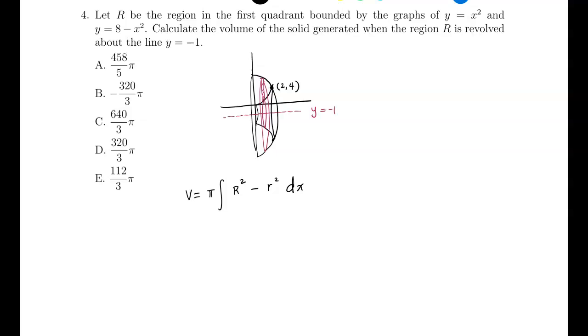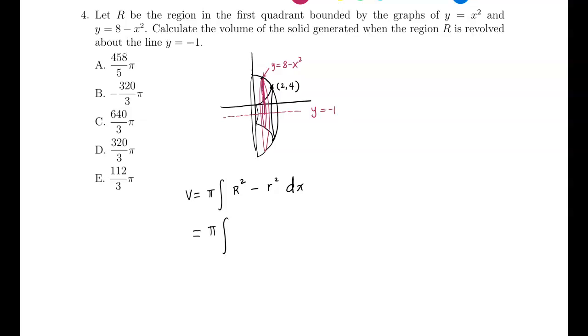Now, let's compute the outer radius. The outer radius will be top minus bottom. The function at the top is the equation y equal to 8 minus x squared, and the function at the bottom is the equation y equal to -1.